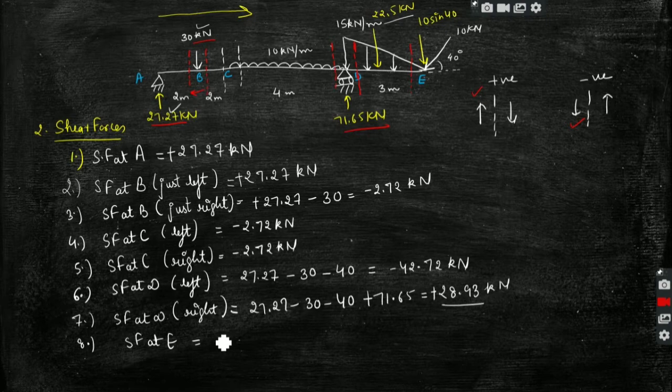This is just for explanation, but you can take the value of the previous section, 28.93, and this force is again downward, so minus 22.5. So we will get the shear force value as positive 6.43 kilonewton. Okay, so these are all the values of shear forces in this beam starting from A towards E, right?